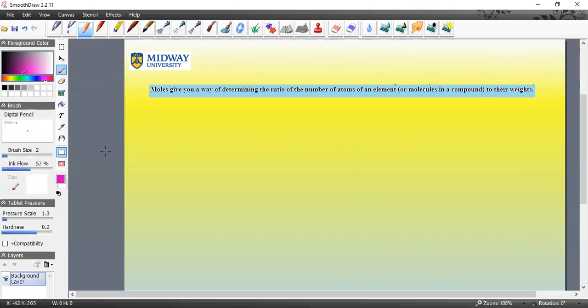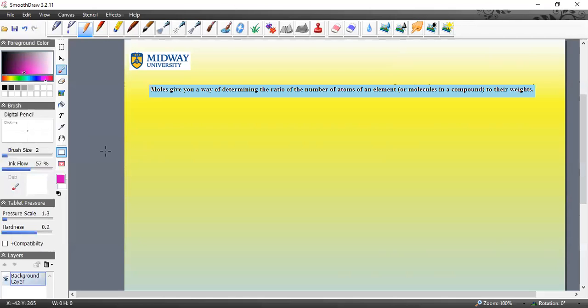A mole gives you a way of determining the ratio of the number of atoms of an element or a molecule, which we will look at in the next set of videos, to the weights. That's what I meant by, if every element on the periodic table was 1 gram per mole, every element's atomic mass or molar mass would be 1 gram per mole.